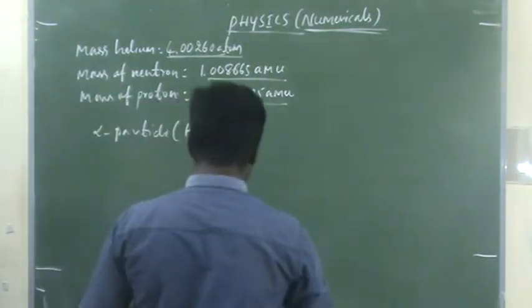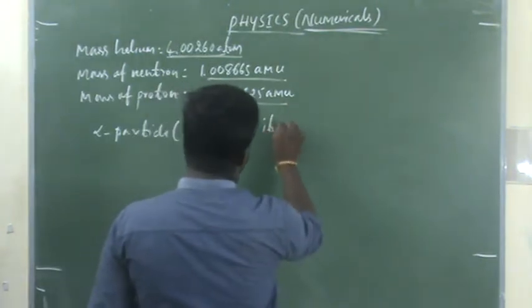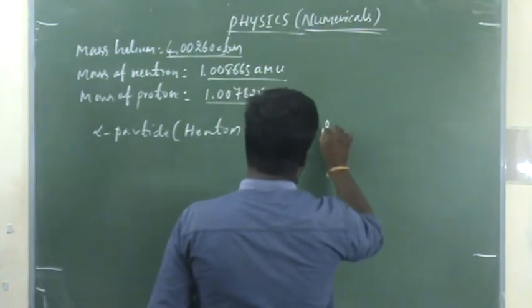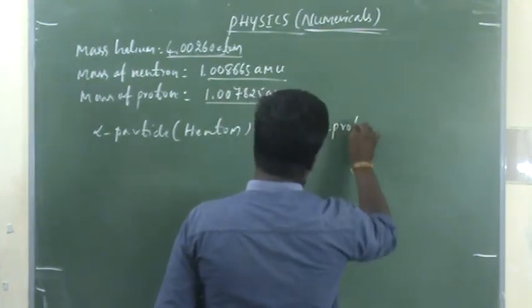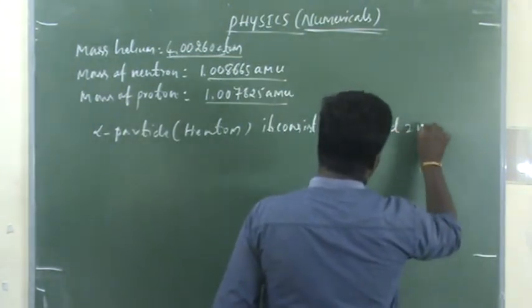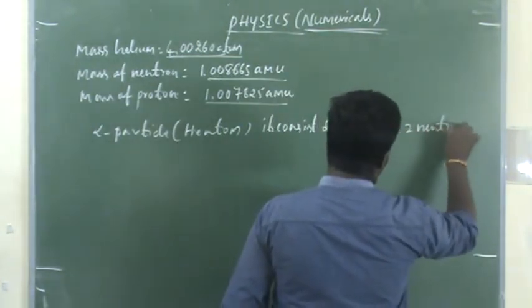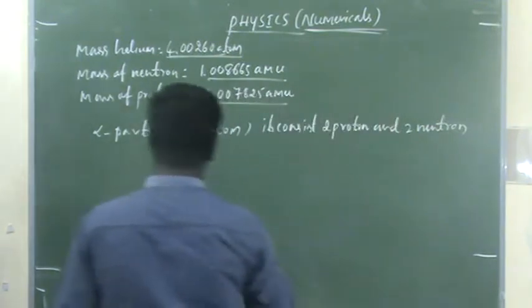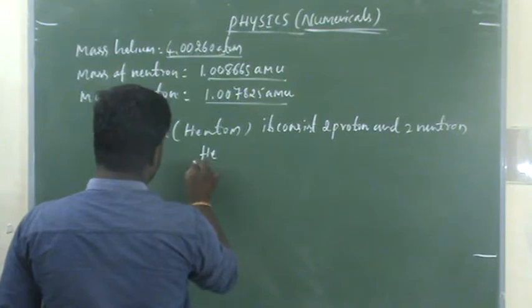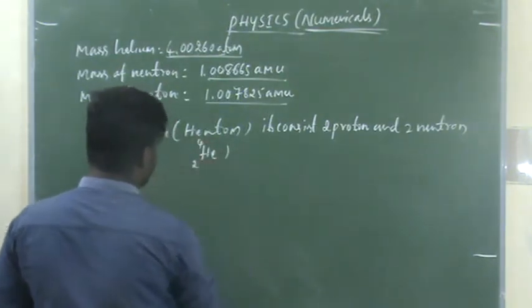Here it consists of 2 protons and 2 neutrons. This is 2 helium 4. This is the alpha particle.